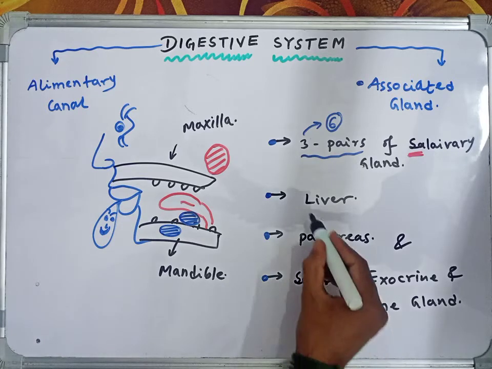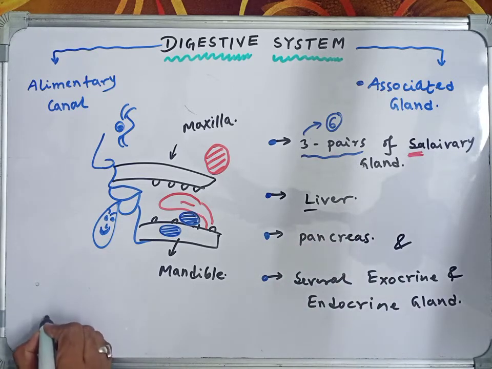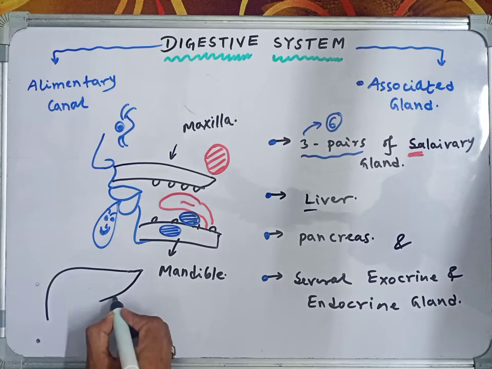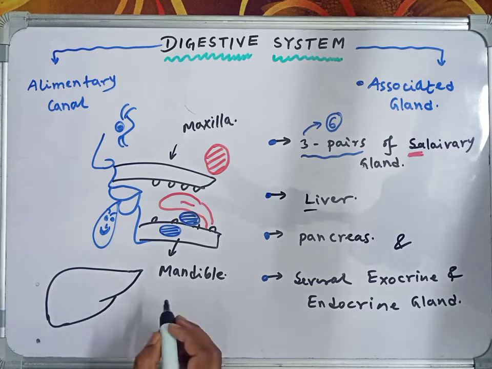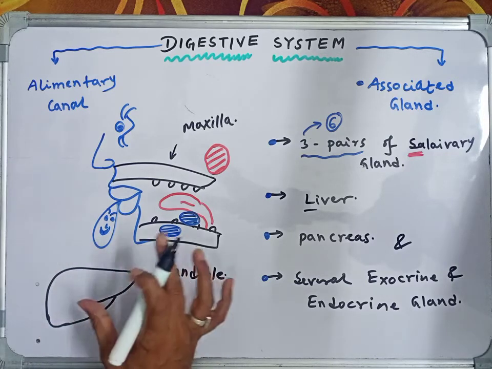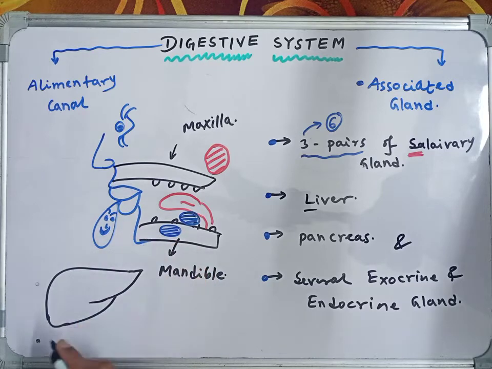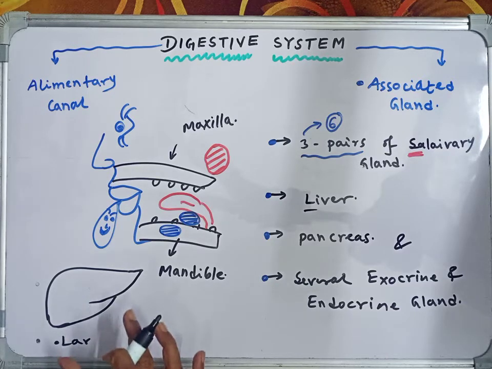And next, this liver. Actually, liver is a bilobed gland, right? Liver contains a larger lobe as well as a smaller lobe, and this liver is called the largest exocrine gland, not endocrine gland. Focus, my dear student, that is another big area of MCQ, right?